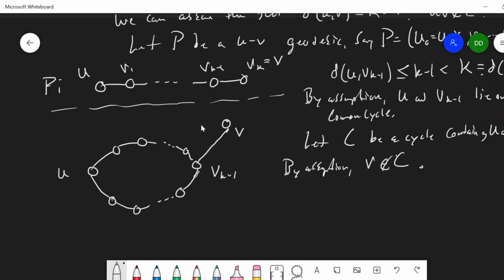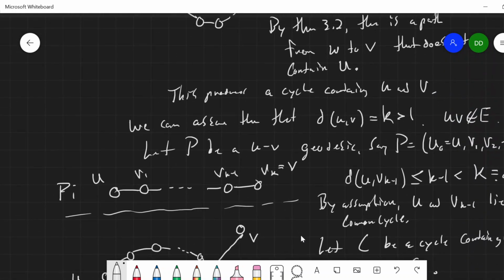So how can I guarantee that there's a path from v to somewhere else on this cycle? Well, remember, our assumption is that G is non-separable. In particular, vk minus 1 is not a cut vertex. So since G is non-separable, vk minus 1 is not a cut vertex. Right, this is like case 1.